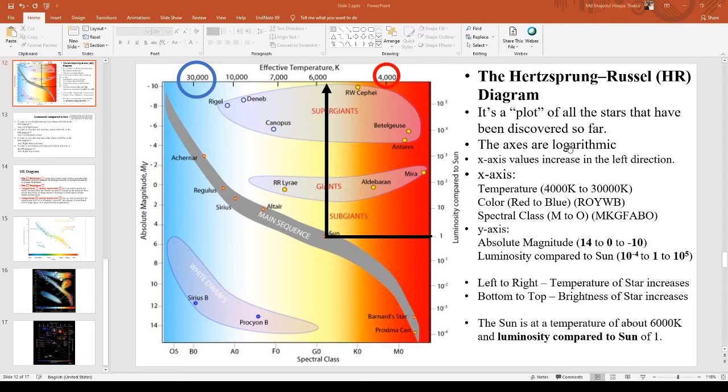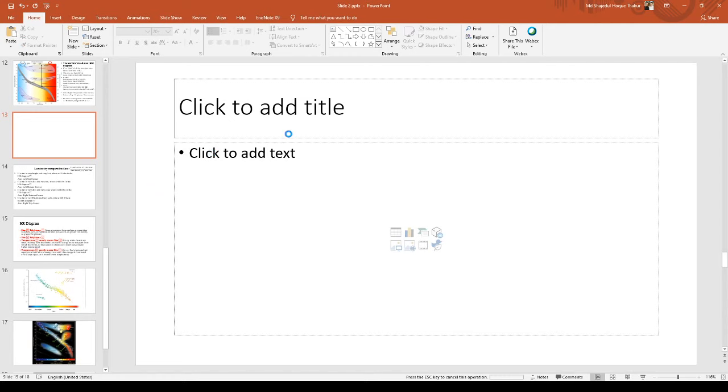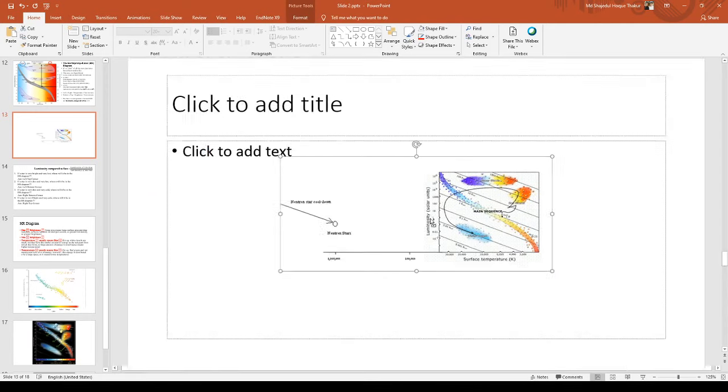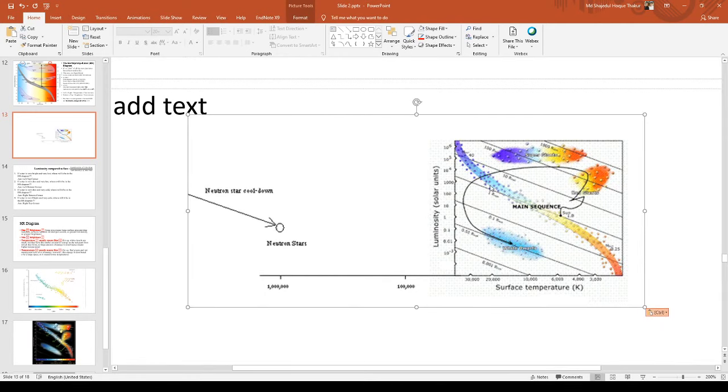A neutron star is not usually included because, if this is the Hertzsprung-Russell diagram, the neutron star will be way outside it. It has a much higher temperature than any other star, but also quite high brightness.